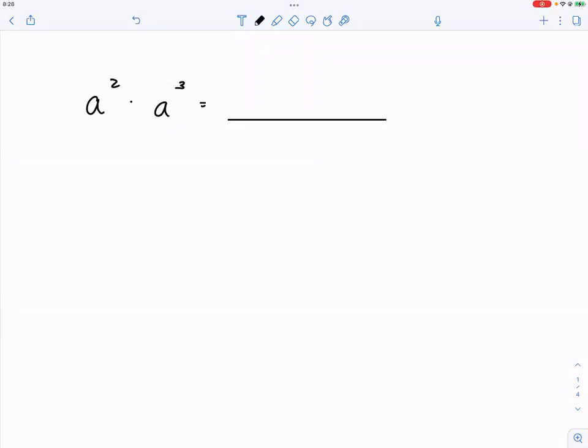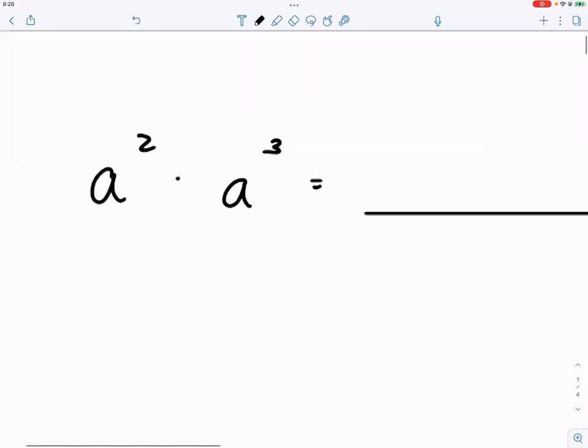What's a squared times a cubed? Go ahead. Turn to each other. See if you can explain the answer.